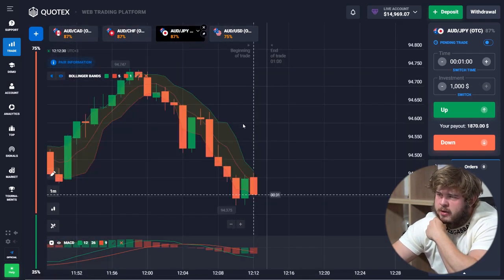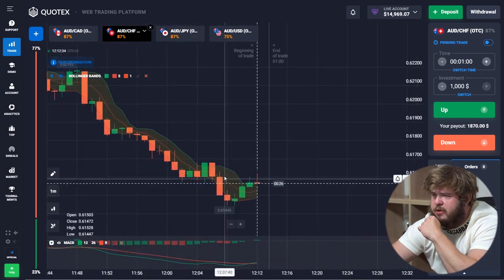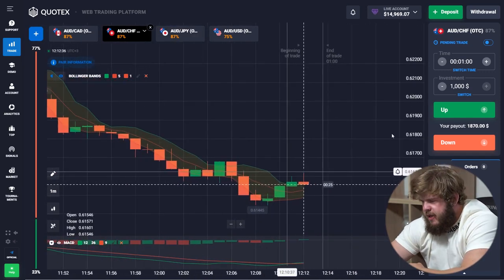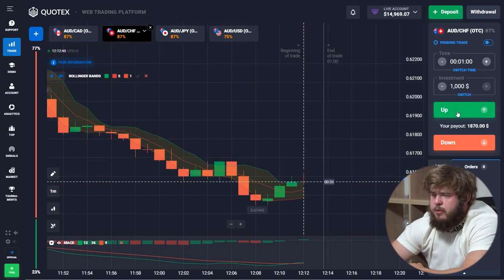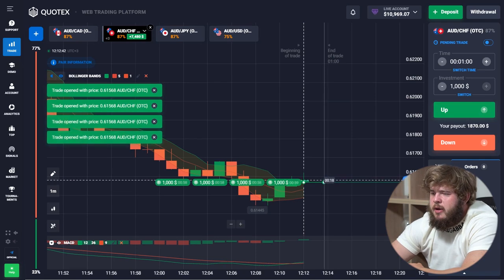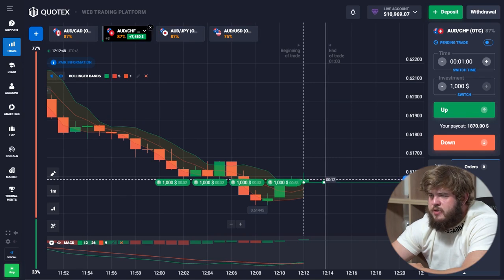We have opened the AUD/JPY currency pair. Now let's open AUD/CHF. Let's see. So guys, here we can see the end of a downgoing trend. The situation is reversing according to the chart, and now I can see the beginning of an upgoing trend. That's why we need to open a buy position here.